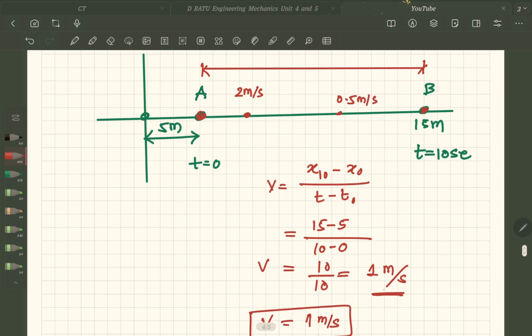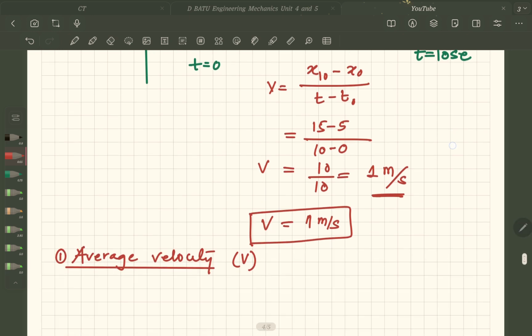But we know that on an average the velocity is 1 meter per second from A to B, but we are not sure what the velocity is at certain middle points, whether it is 1 meter per second, less than 1 meter per second, or higher than 1 meter per second. But we know that the average velocity from point A to point B is 1 meter per second.